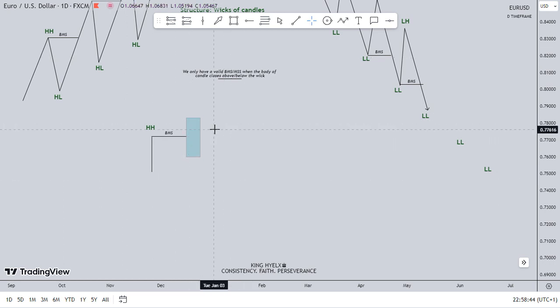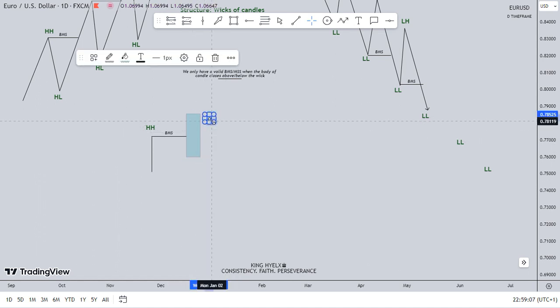So this is a closed candle. It has to fully close. Let it not be that you're trading, let's say on a 30-minute chart and then it's still like on 20 minutes and then you see that this body is here and then you're like, yeah, we have shifted market structure. No, the candle has to close and then a new candle is starting. When a new candle starts and then this one has fully closed above this, then yes, you have a break in market structure. I cannot stress this enough.